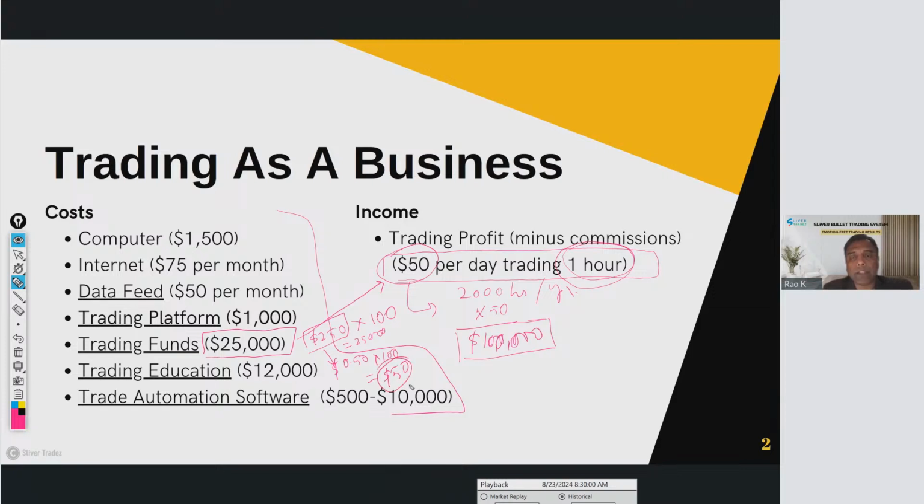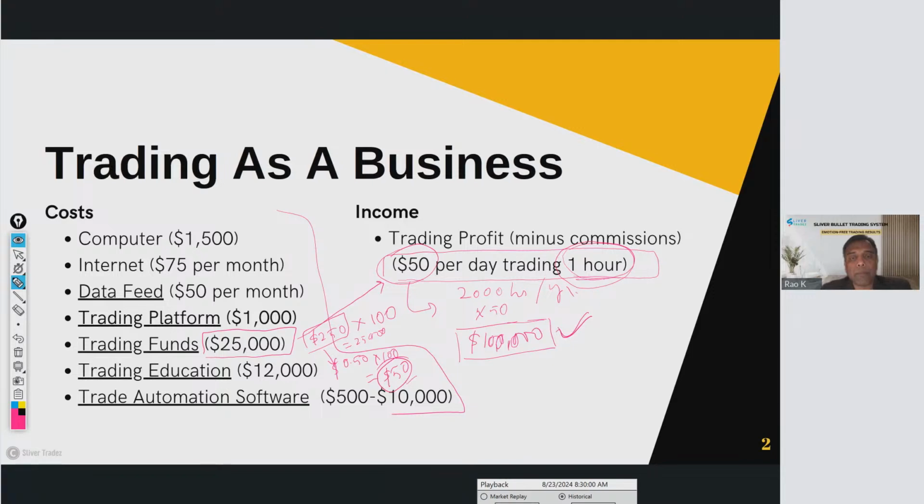So this is easily achievable in 1 hour, and this also makes sense because not many Americans earn $100,000. It's not that you will earn 100,000, but if $50 is your hourly rate, then this economic activity of trading makes sense.